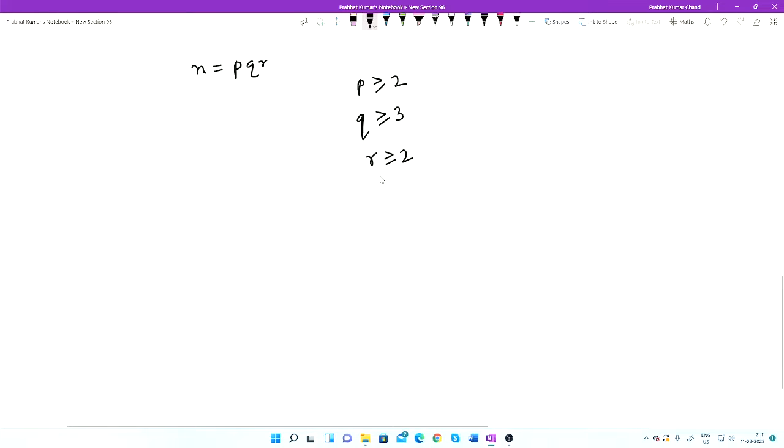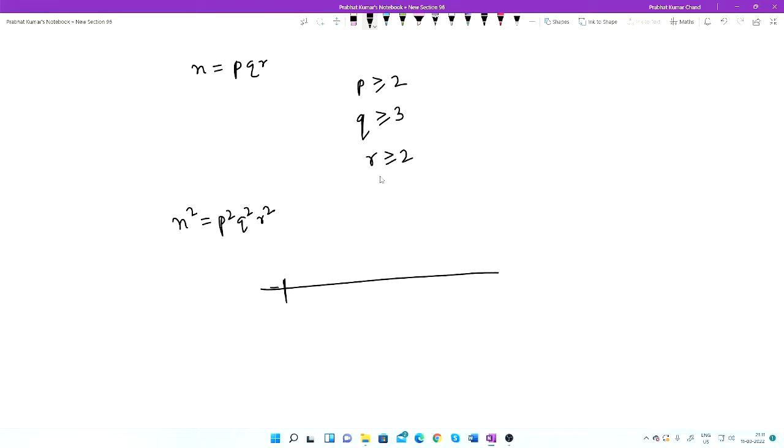So these are the basic assumptions about this form. What is n square? n square is p square q square r square. So here is 1, 2, and here is n minus 2, this is n minus 1, and this is n, which is of the form pqr.